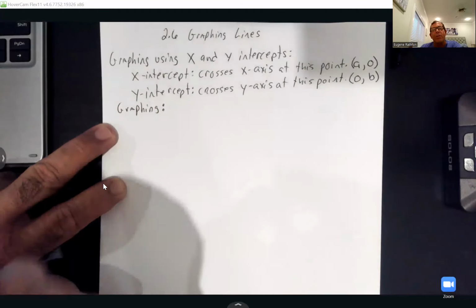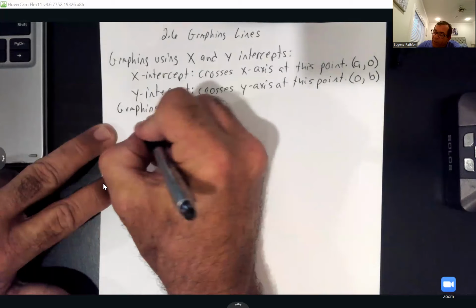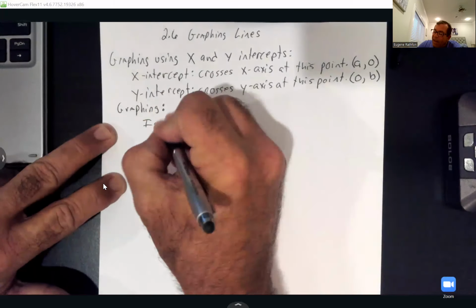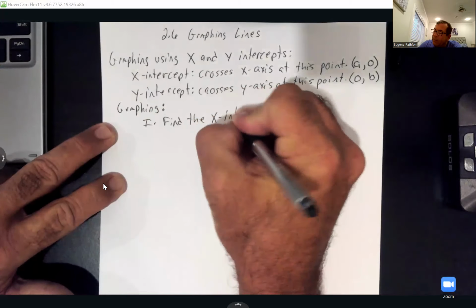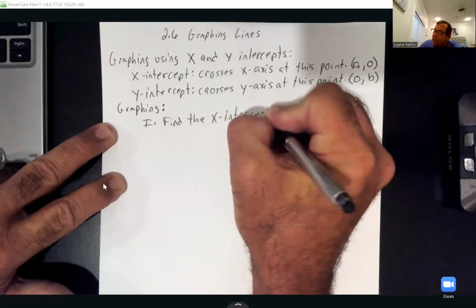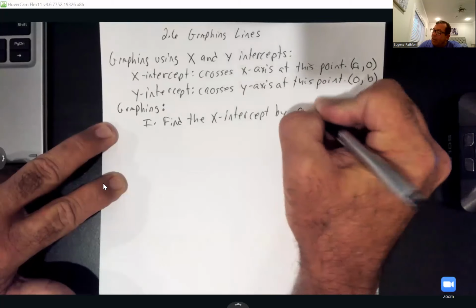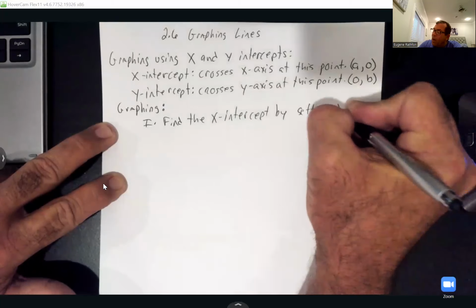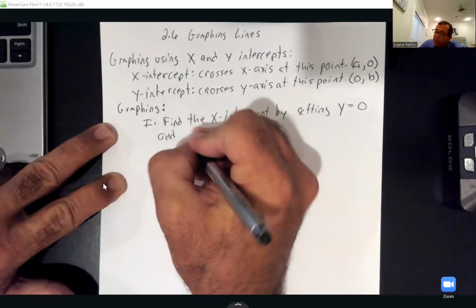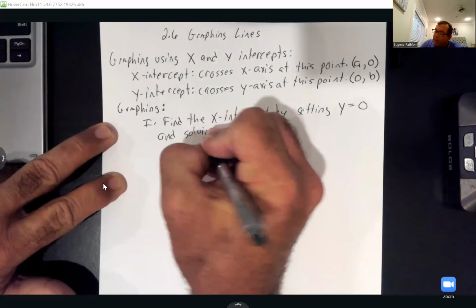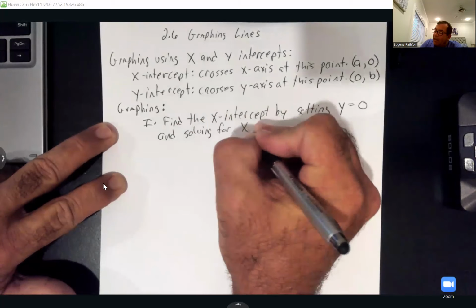well, we need 2 points to graph. So the first thing we do, we find the x-intercept by setting y equal to 0 and solving for x.